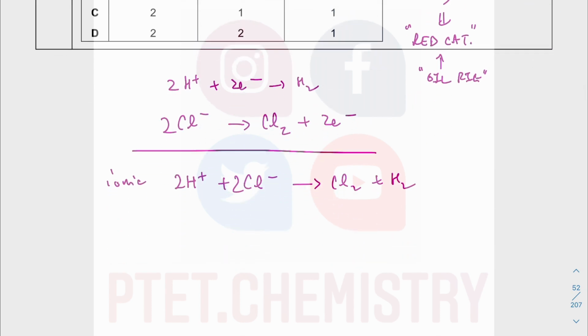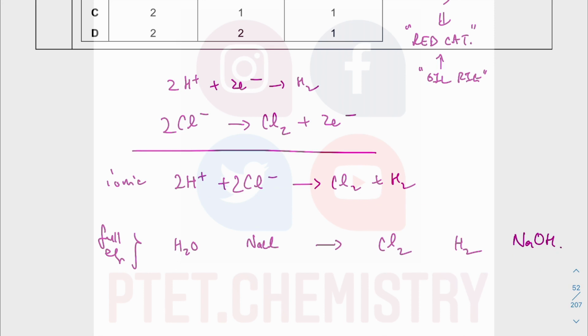In terms of my full equation, I hope you can appreciate that you will have H2O, you will have NaCl going to Cl2, H2, and you will get NaOH. The Na plus and OH minus dissociate in solution. And that's why we don't show the NaOH in the ionic equation. I suppose you can show it.